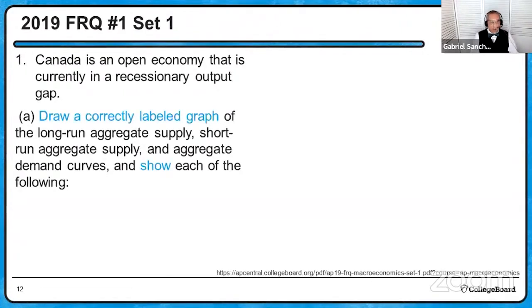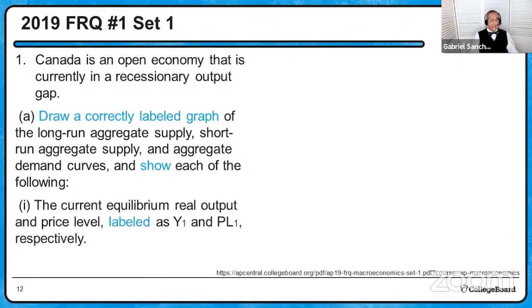A, draw a correctly labeled graph of the long run aggregate supply, short run aggregate supply, and aggregate demand curves and show each of the following: the current equilibrium real output and price level, labeled as Y1 and PL1 respectively, and full employment output labeled YF.